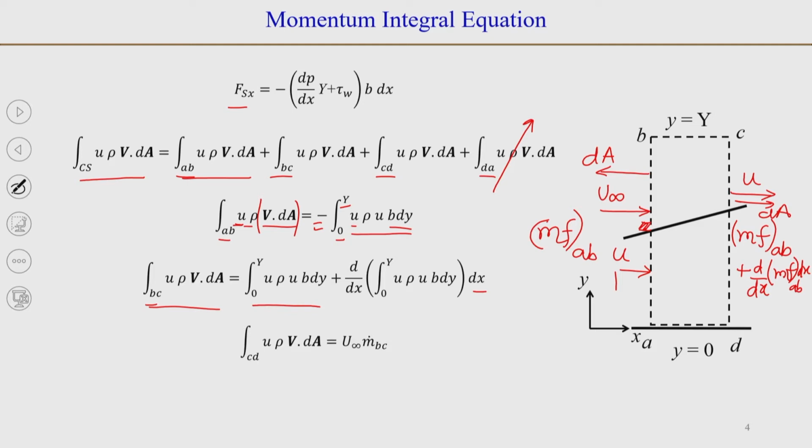Now, we will consider the third surface, which is CD. We have already considered the surface CD. Now, we consider the surface BC, because the flow here is not necessarily a streamline.